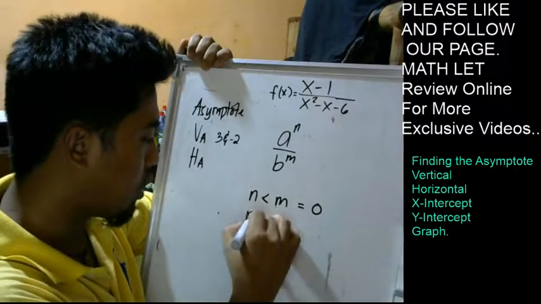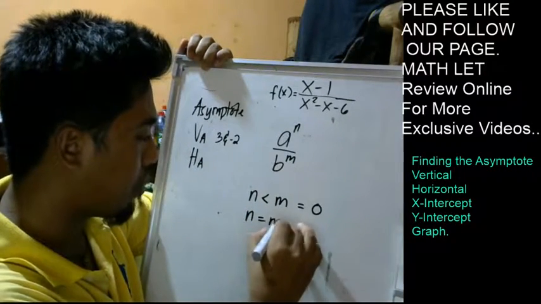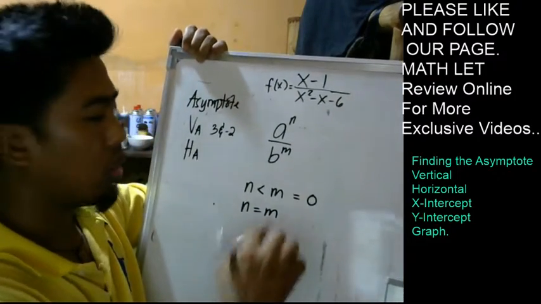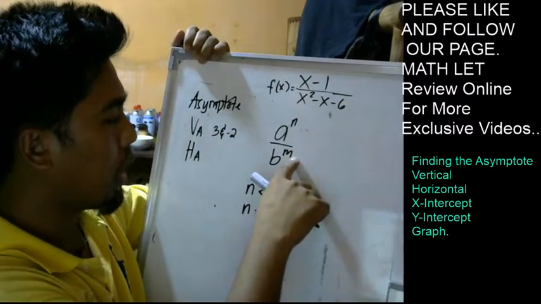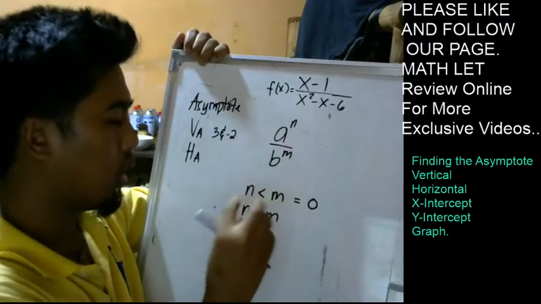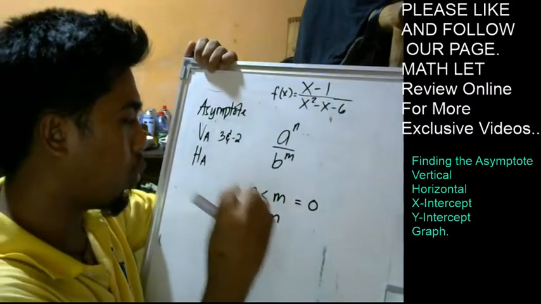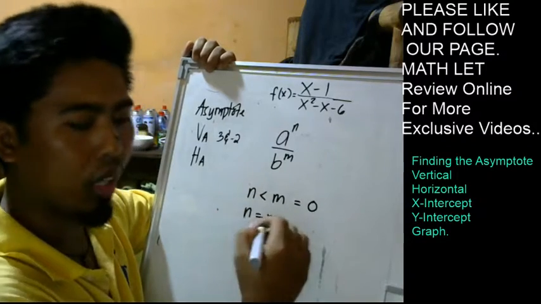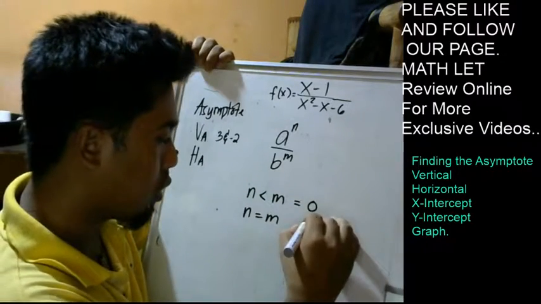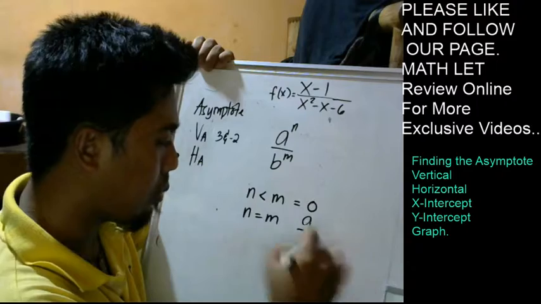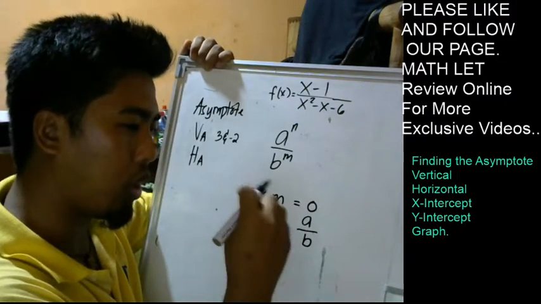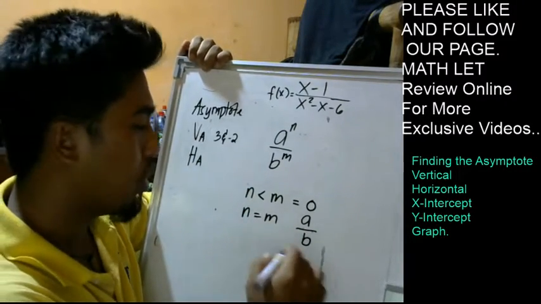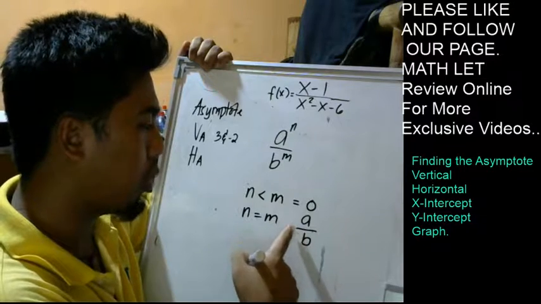The second condition is that if n is equal to m, meaning ang exponent sa duha is equal, therefore we need to consider the variable and their numerical coefficients if they have. So a and b ato nang i-consider. Then we need to divide kung pila. So let's consider this problem first.